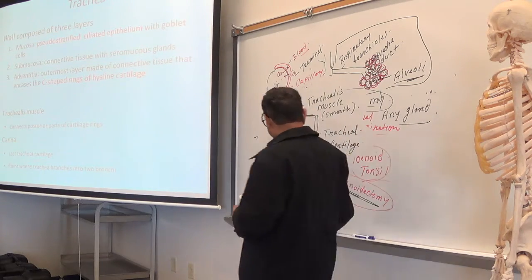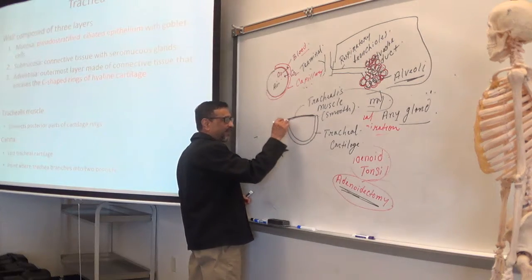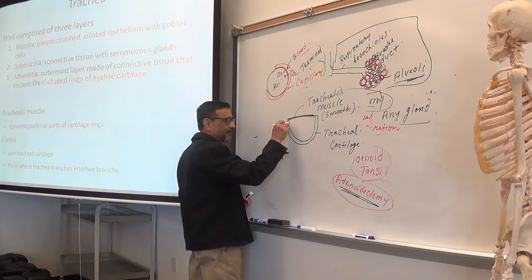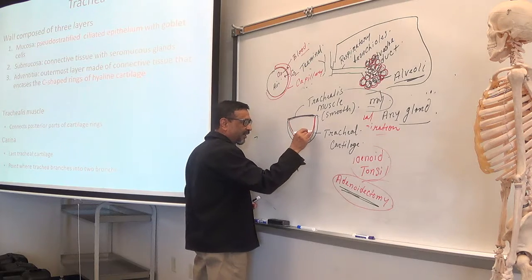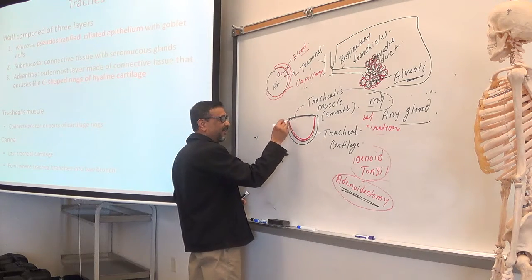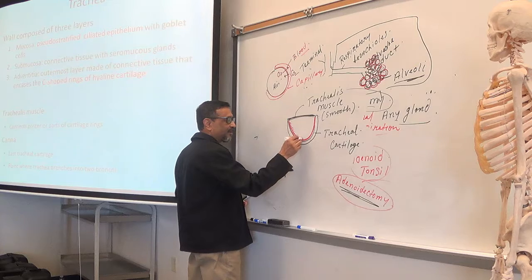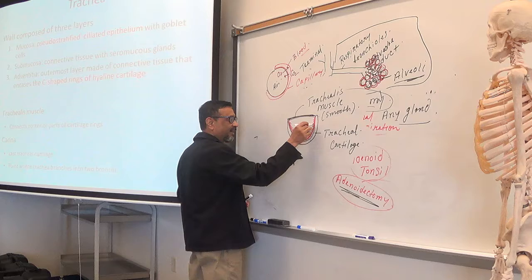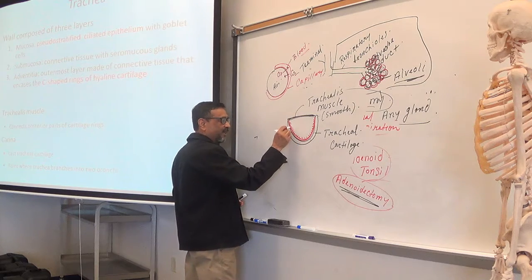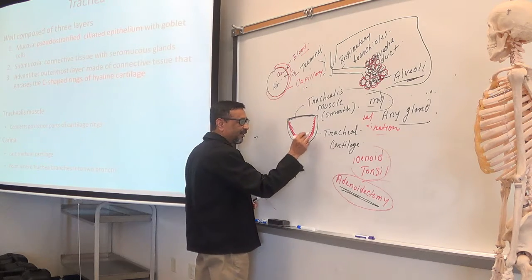Now, if you see how many layers you have here, you have 3 layers. Innermost thin epithelial lining is definitely pseudostratified ciliated columnar, with many cilia, because only air passes through trachea. These are cilia. So the innermost layer is pseudostratified ciliated columnar epithelial lining.